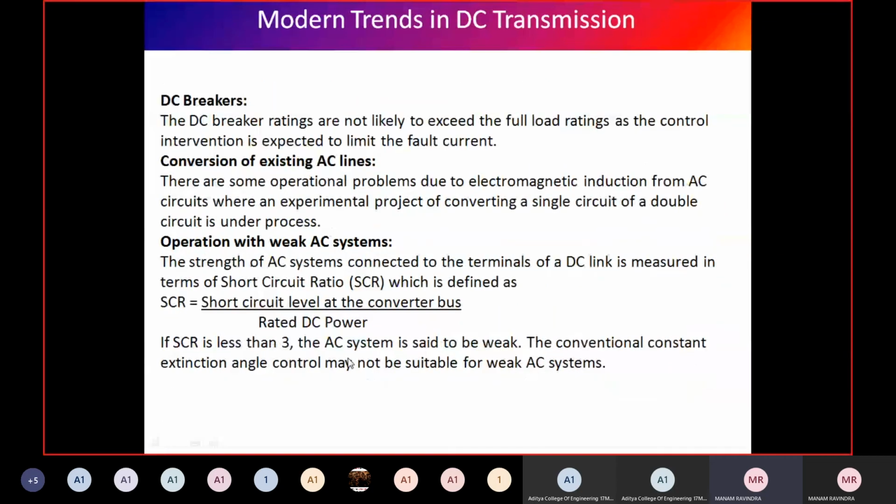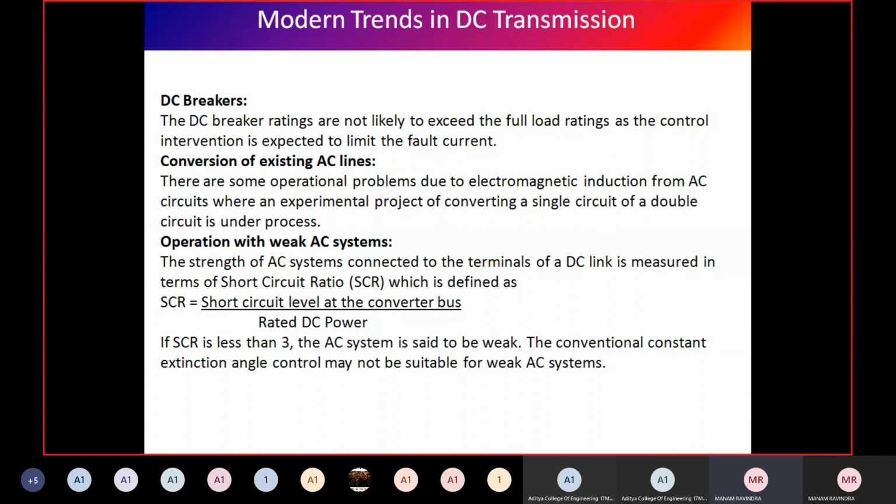Next, DC breakers. DC breakers are also a main problem. Shutting down the current at high currents is a very difficult point. Breakers are needed to isolate any system at high currents. This is a high power transmission, right?